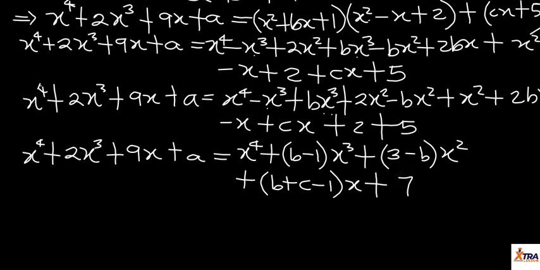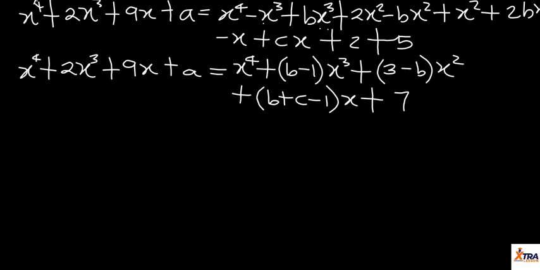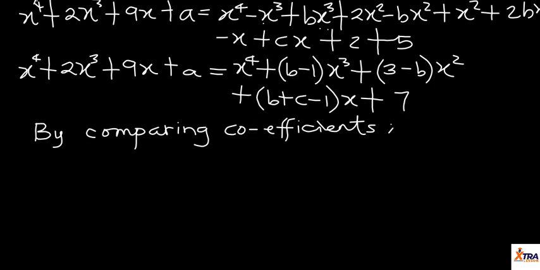So we have this as our result after factorization. The next thing we do here is to compare coefficients. By comparing coefficients, x to the power 4 terms are the same thing. Since this is x cubed, this is also x cubed, I'll compare the coefficient, and this 2 will be equal to b minus 1.